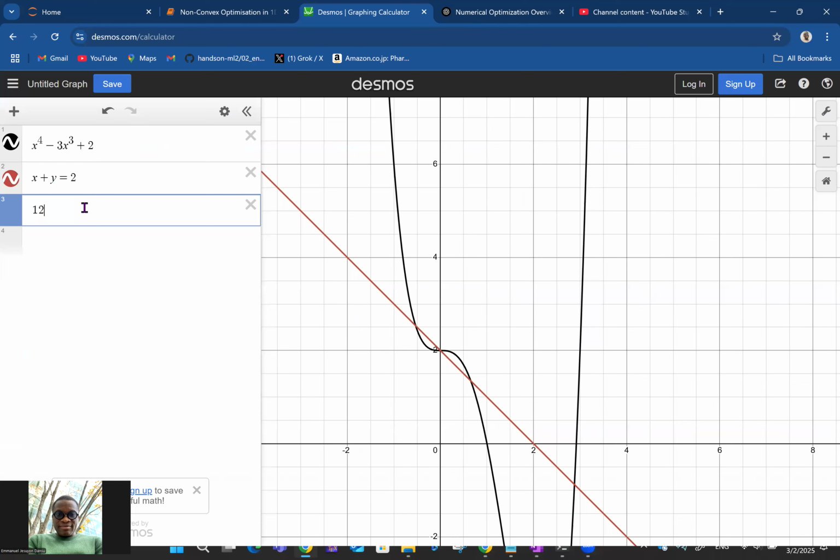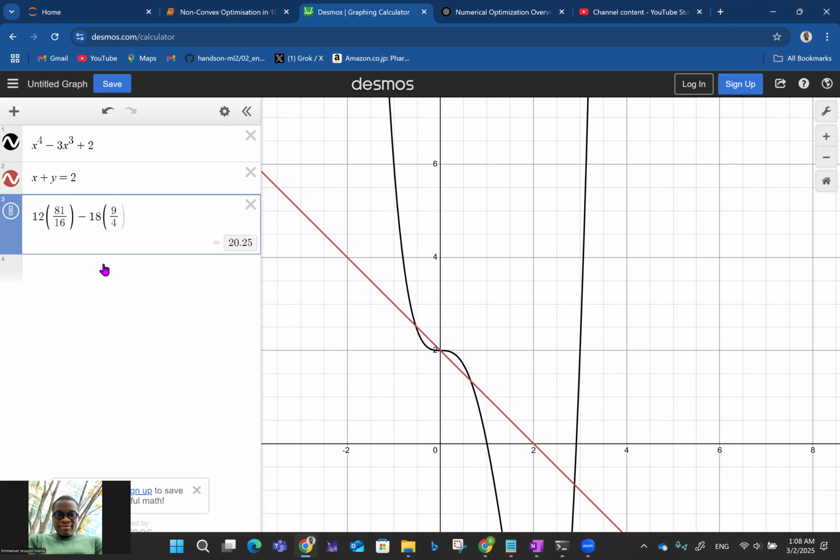So what we did was 12 multiplied by 81 divided by 16 minus 18 multiplied by 9 over 4. That is 20.25. Why is this different?